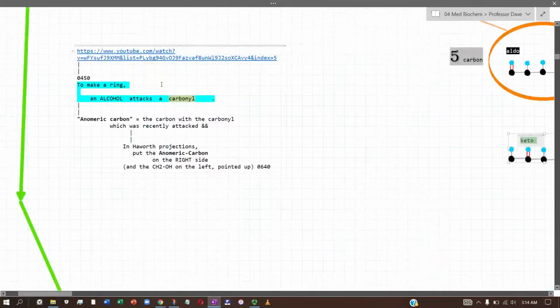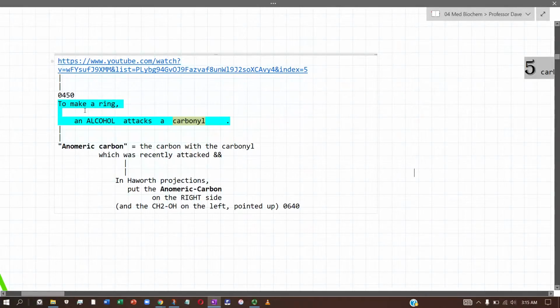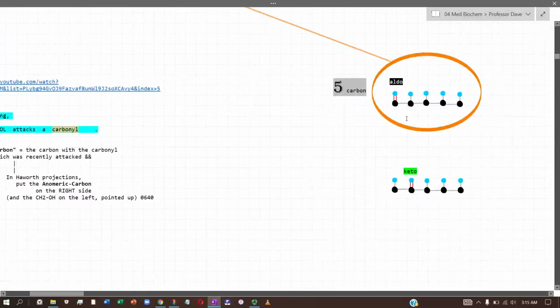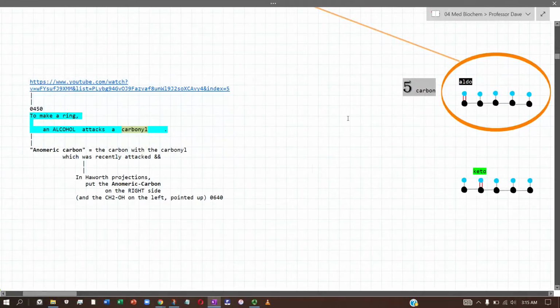What do we have over here? Okay, this is a link to review what it means for a sugar to make a ring. So essentially, one of the hydroxyl groups of an alcohol attacks a carbonyl, and then based on the size of the molecule, certain hydroxyl groups on certain carbons will attack the corresponding carbonyl, and you'll get different results.